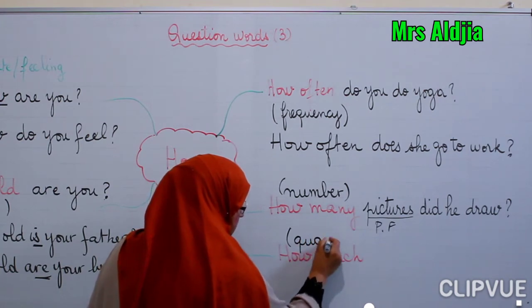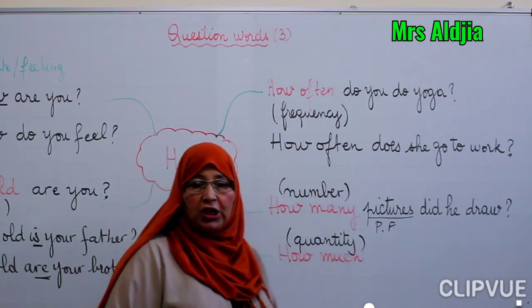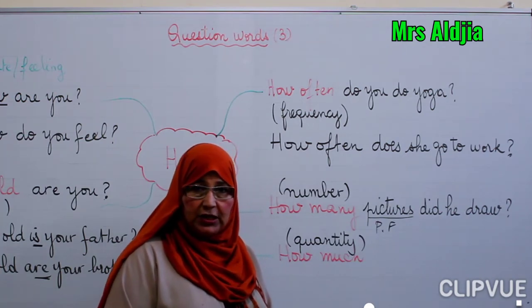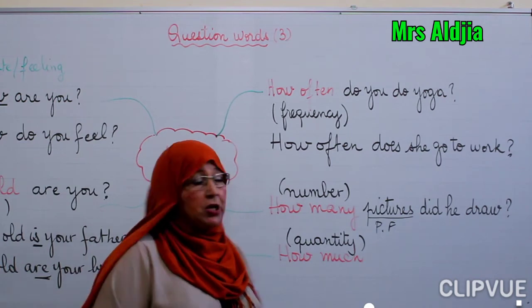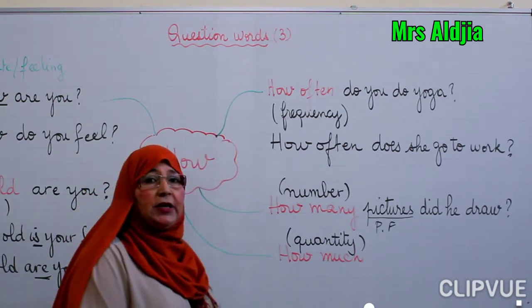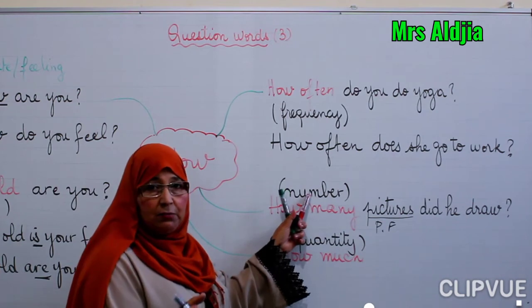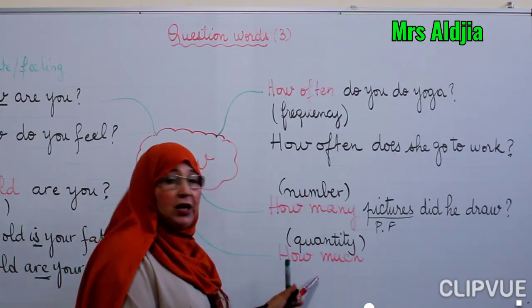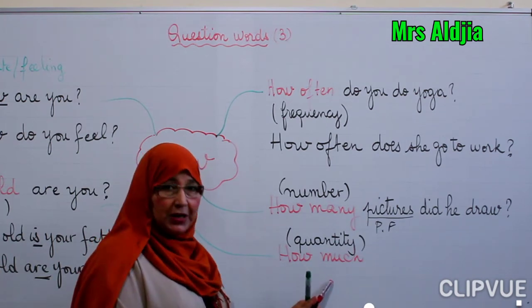A quantity means we can't count it, like sugar, water, soda, flour, semolina, tea, coffee, and so on. All the nouns that we can't count, that can't be linked with a number, are uncountable, and we ask about them with how much.